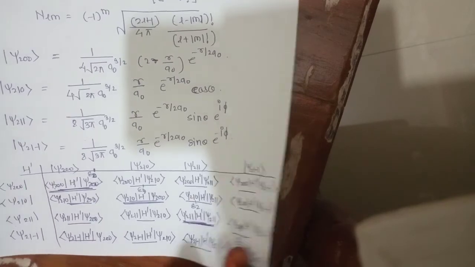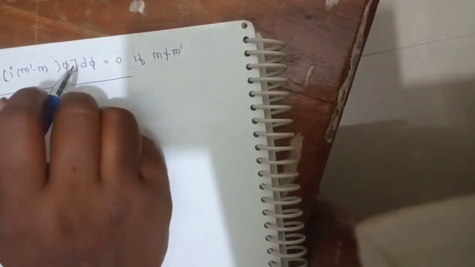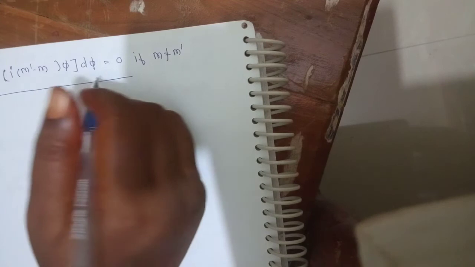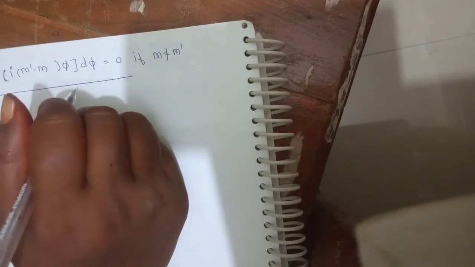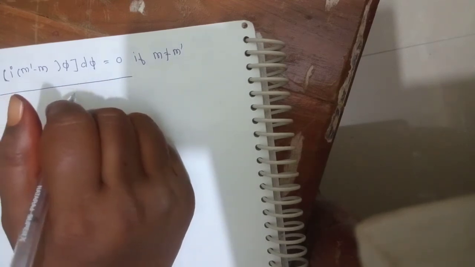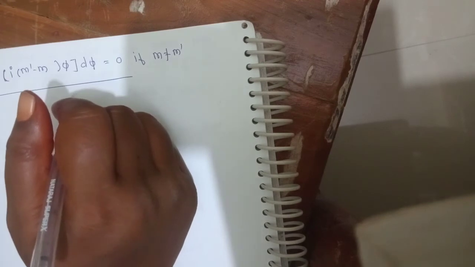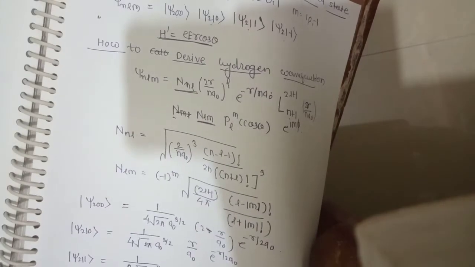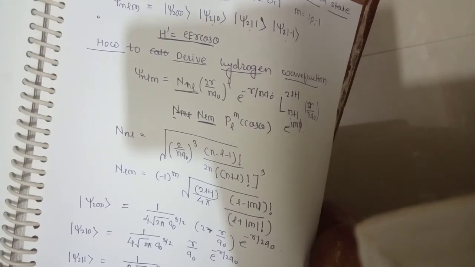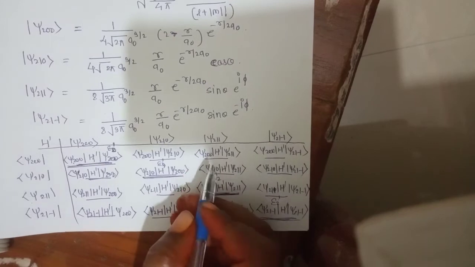So after all the diagonal elements become 0 by using this formula, if the diagonal matrix elements between states of different m values are 0, the remaining two matrix elements, the off diagonal elements, I will tell you first.